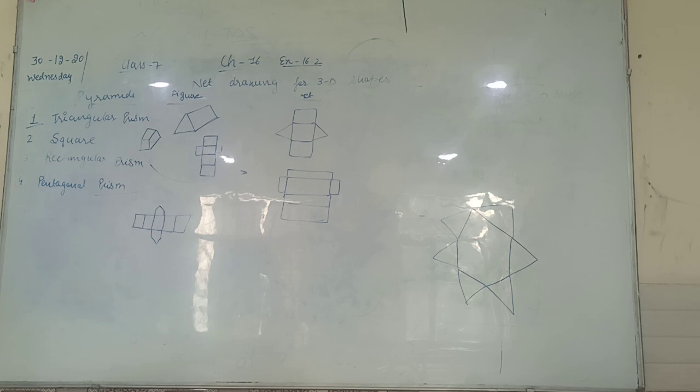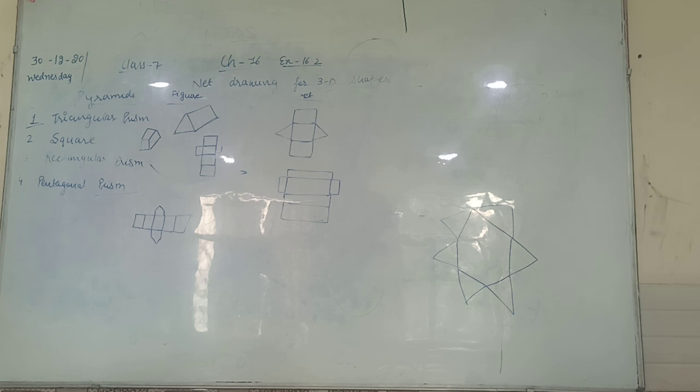Clear beta? So this is about the net of a few shapes. So today we have done the net of 3D shapes, how you will draw these, right? And on the basis of today's net, you will do exercise 16.2, which is very easy.